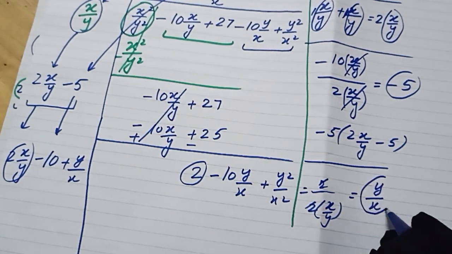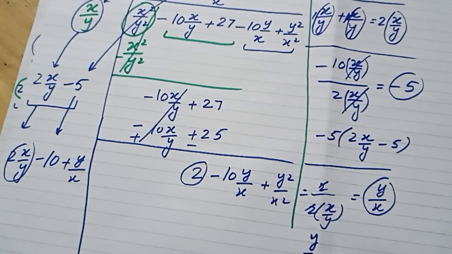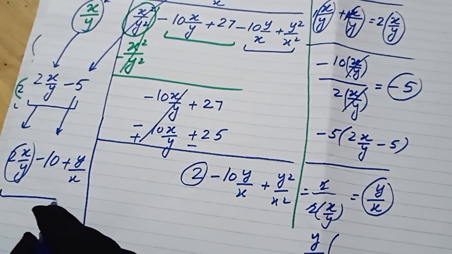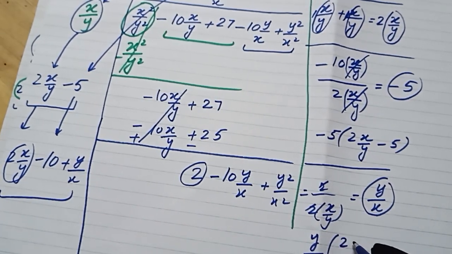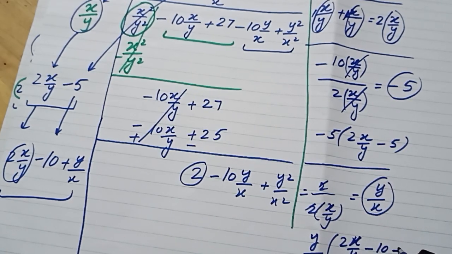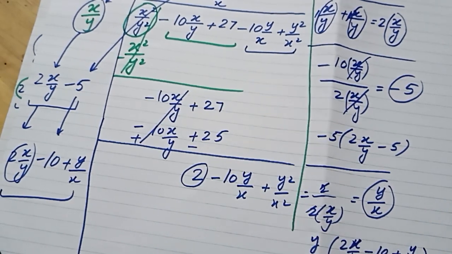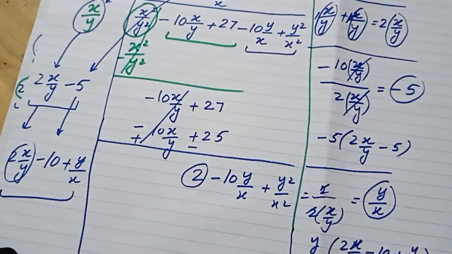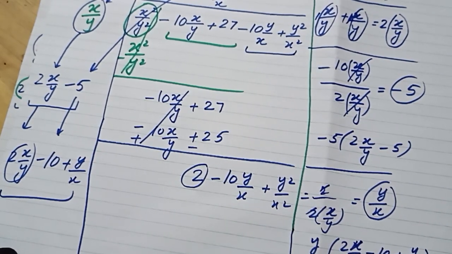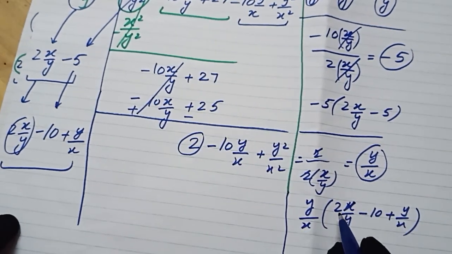Now this new term is multiplied by the complete divisor, 2x over y minus 10 plus y by x. The product you can write directly: y by x multiplied by 2x over y, y cancels, x cancels, and the answer is only 2.